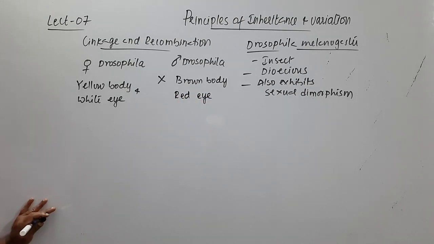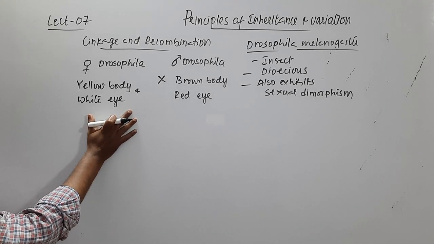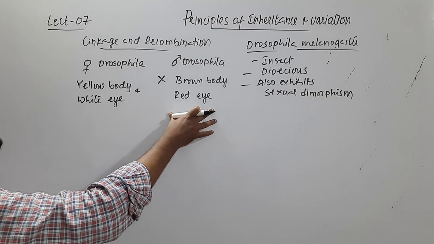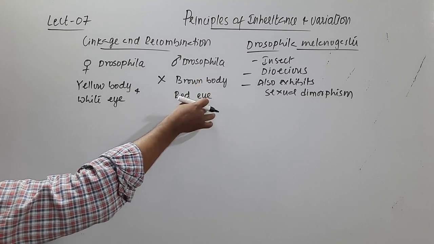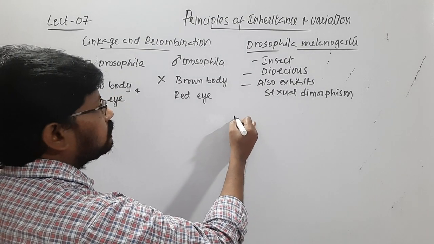The male is wild type, whereas the female is a mutant form. Brown body and red eye are wild type alleles.